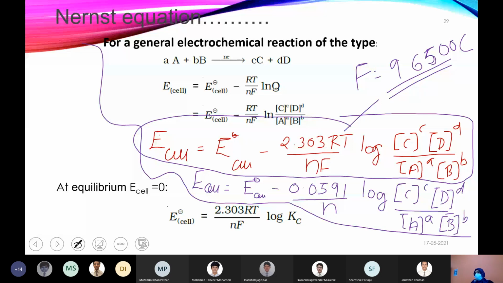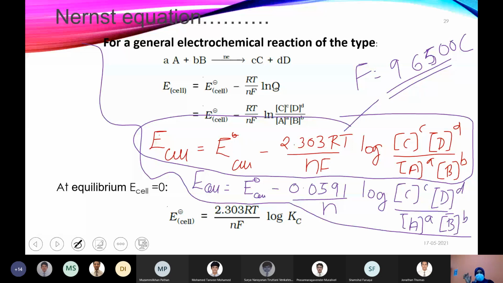E standard, so E at standard temperature. In the red equation, what does T stand for? T is temperature. But then you told T is constant, right? If T is constant and taken as room temperature, then you will get the simplified form. There are some numerical questions where they write that the temperature is 330 Kelvin.